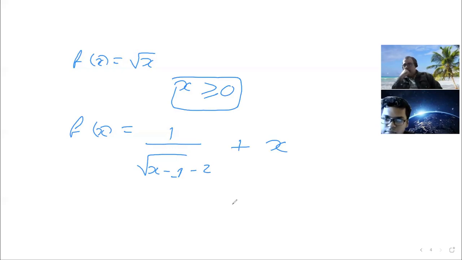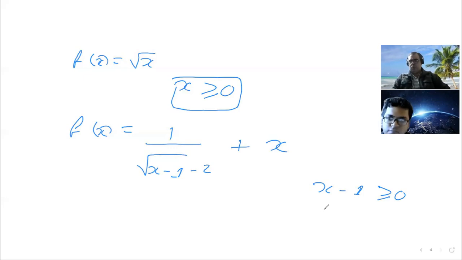And x minus 1 has to be greater than 0, because the square root is on x minus 1. x minus 1 can be 0, that's okay, but x minus 1 should be greater than or equal to 0, so that x minus 1 always remains non-negative. So x should be greater than or equal to 1.